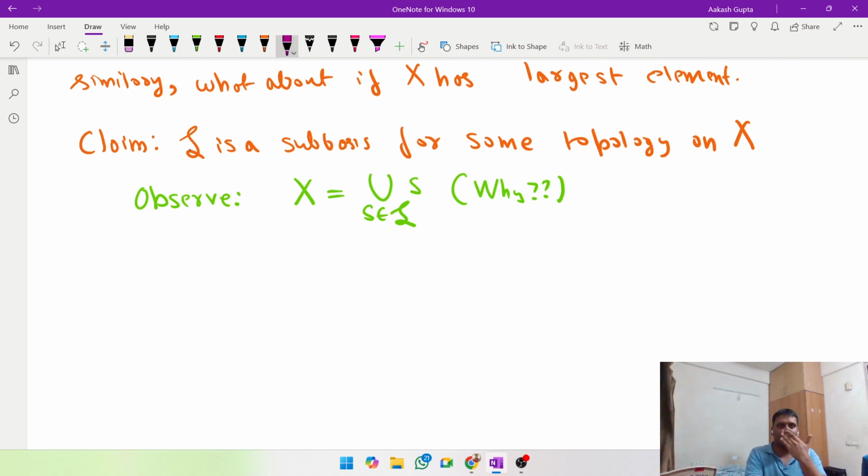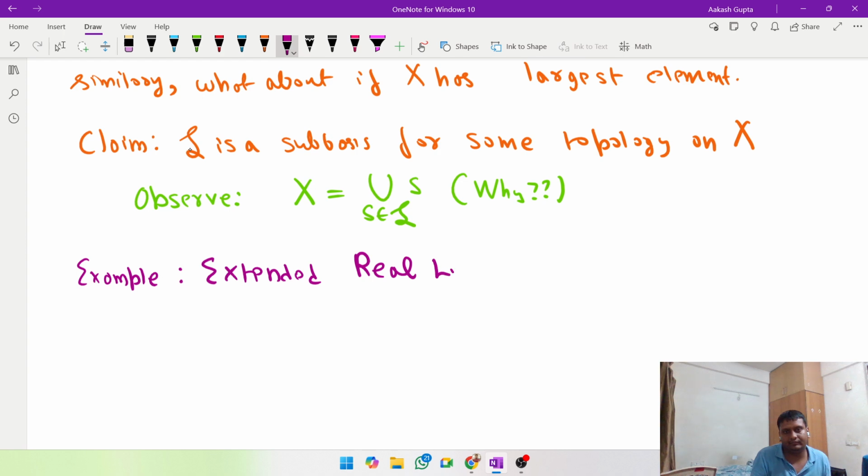Something which you already know, but let us understand this terminology now. Example: the extended real line. I'm going to extend R in some fashion. You know that R is ordered with the usual order, right?